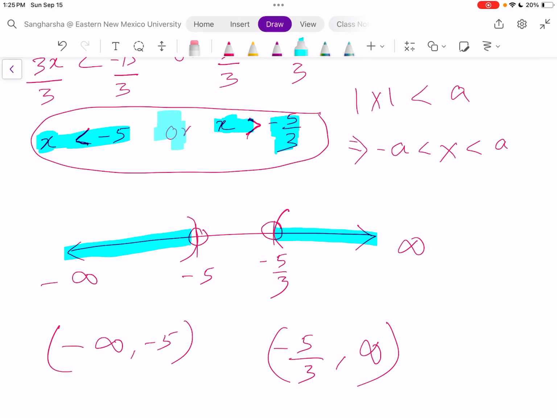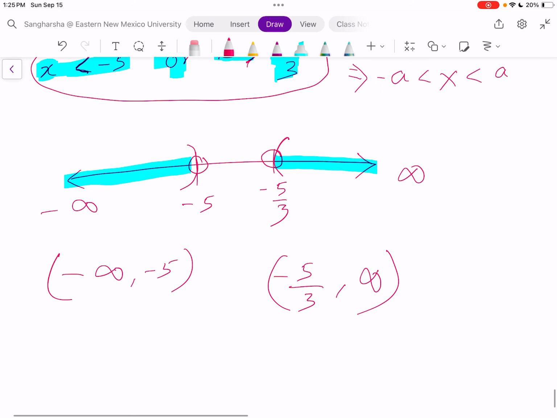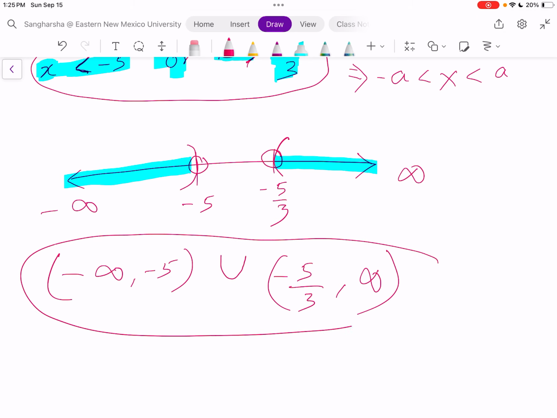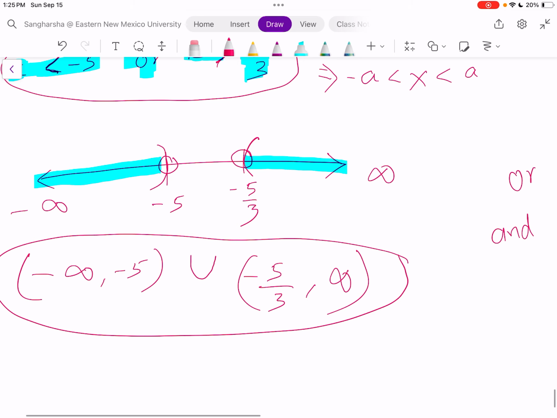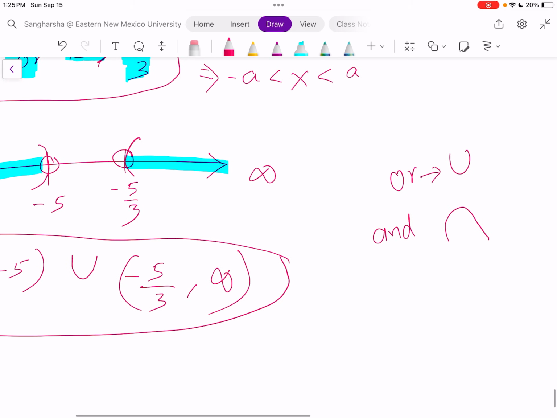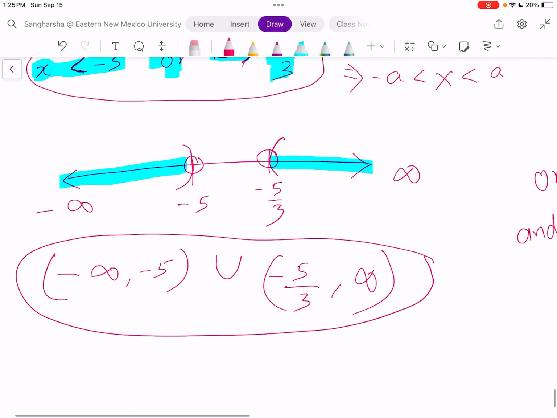Whenever you have or, you replace that or by the union sign, and this is your final solution. If you have or, it's union; if you have and, it's intersection. The next one here is number 71.